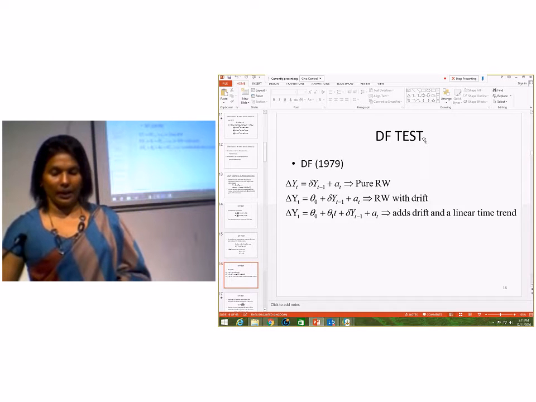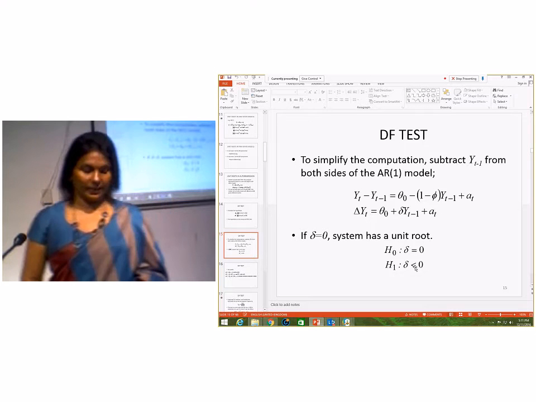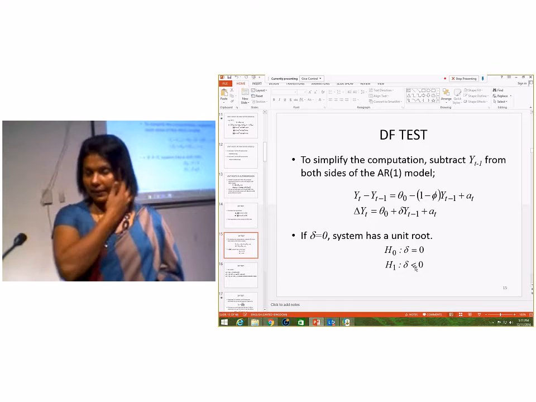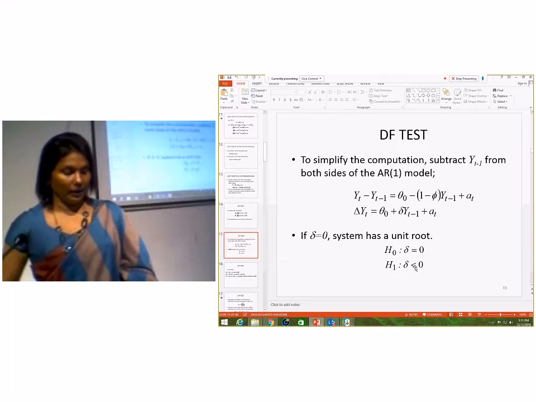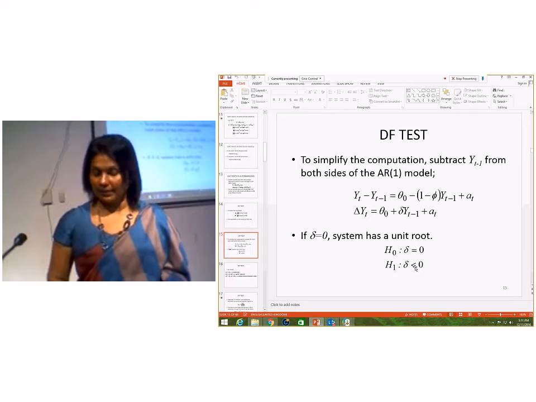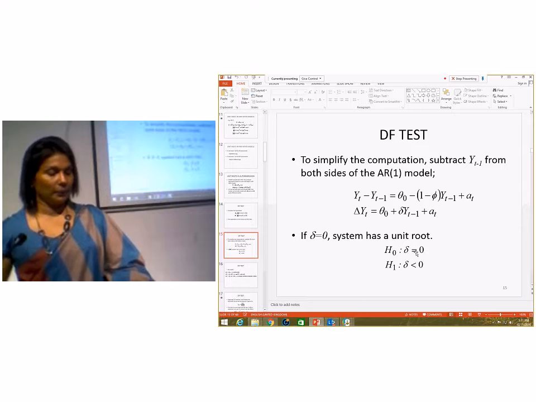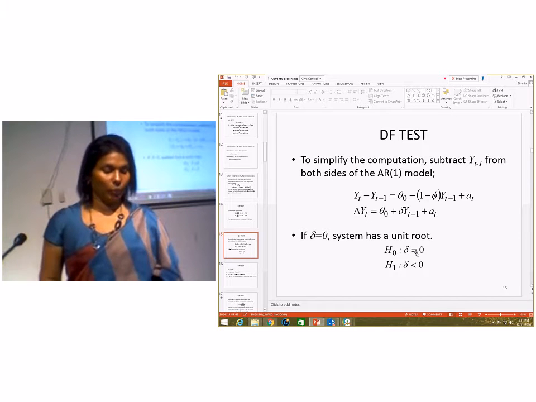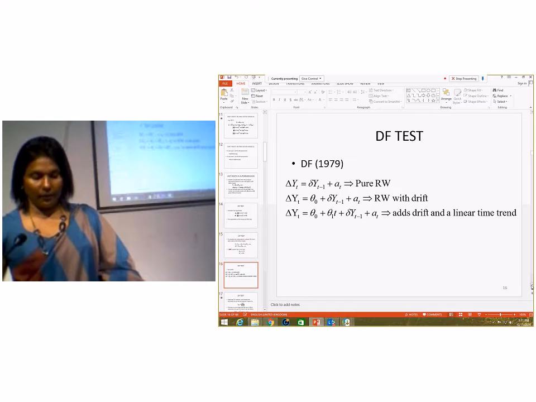Right, so here we hypothesize that the data need to be differenced to make them stationary. The alternative is that the data are stationary and don't need to be differenced. Right? The null hypothesis states that the data need to be differenced to make them stationary.